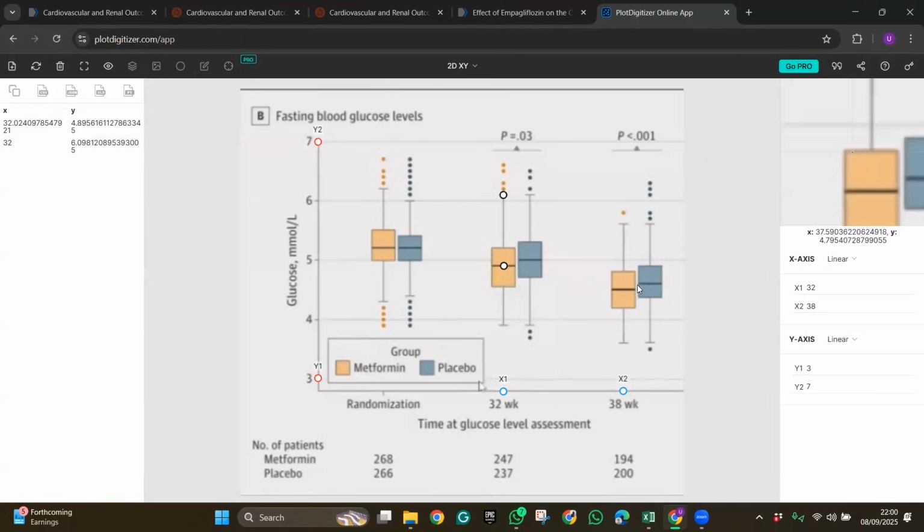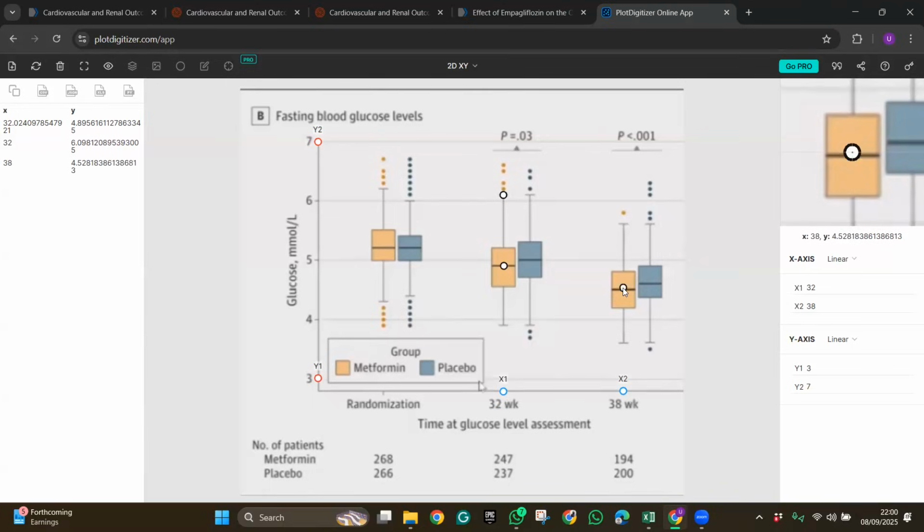I'll do it again for the 38 week. Let's say they're asking for the outcome for the blood glucose level at week 38. I'm going to move my cursor till I get 38 at the mean. Then I'm going to move to the upper limit, go to 38 and click here.